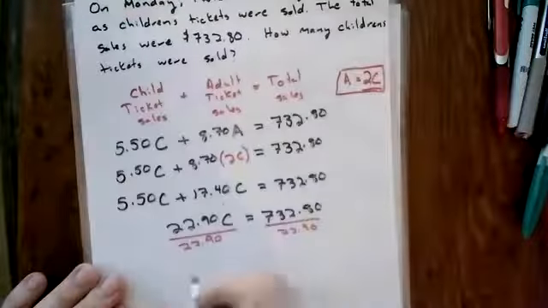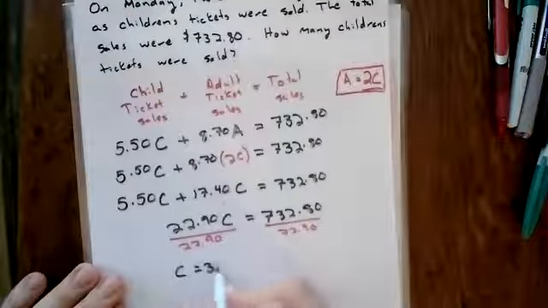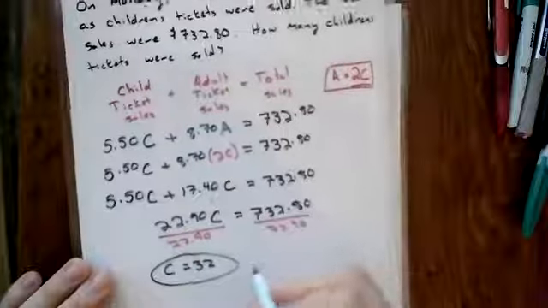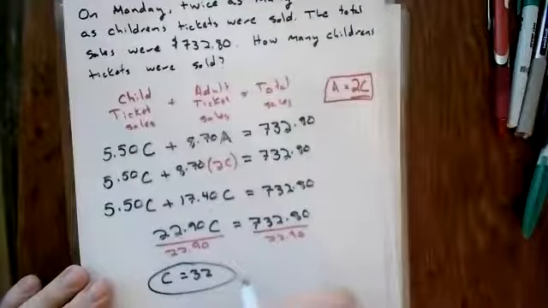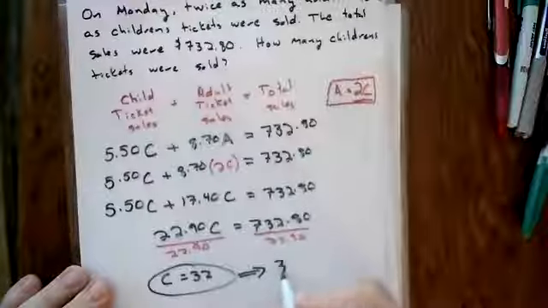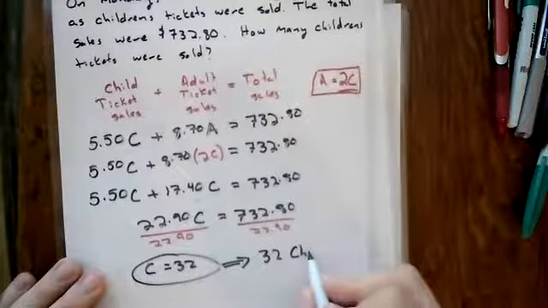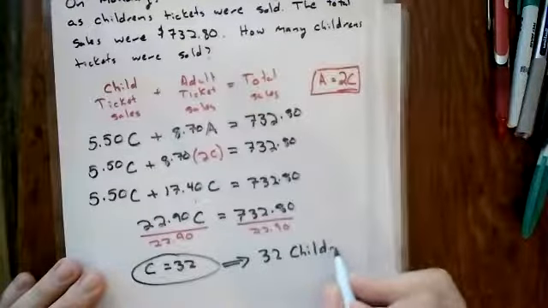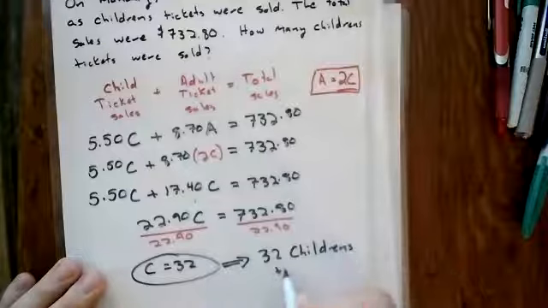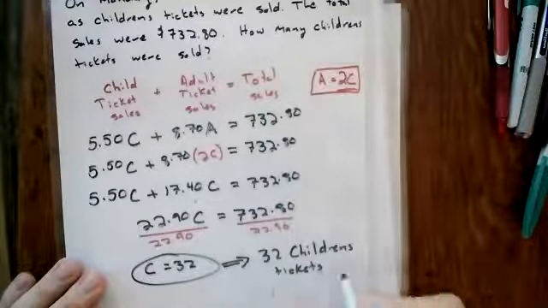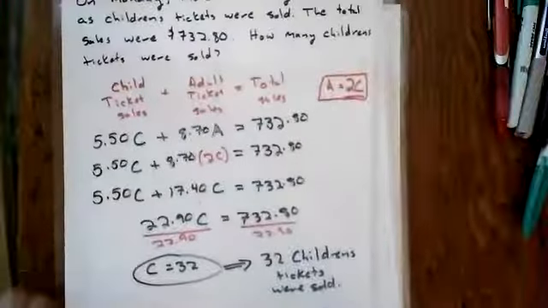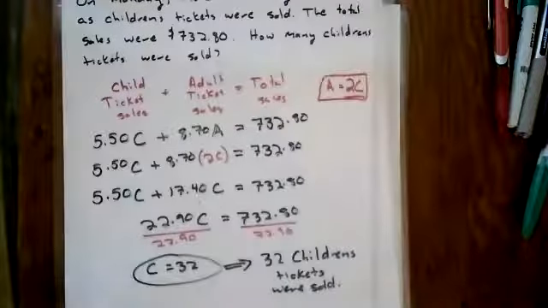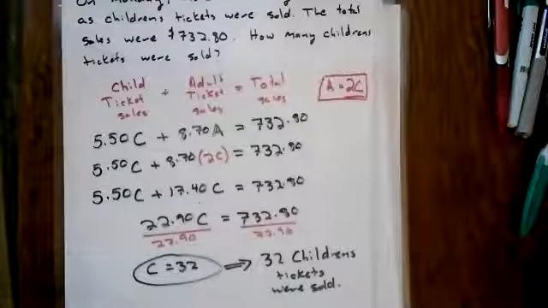So C is equal to 32. Since it's only asking after the children's tickets, not the adult tickets, I can just say that 32 children's tickets were sold. All right, there we go.